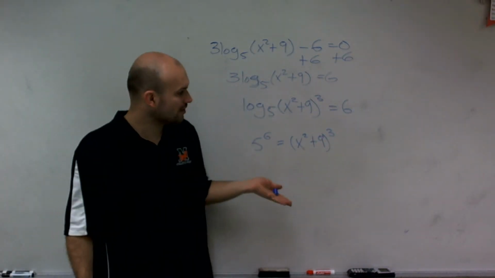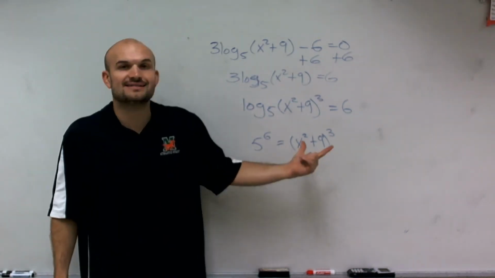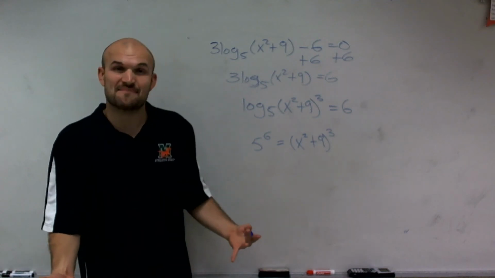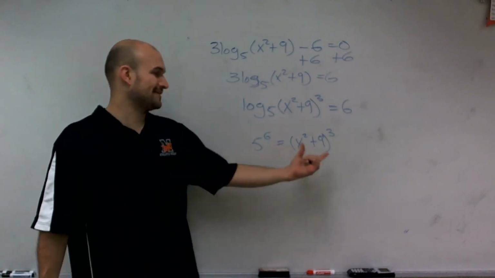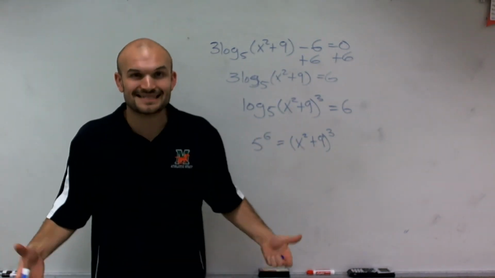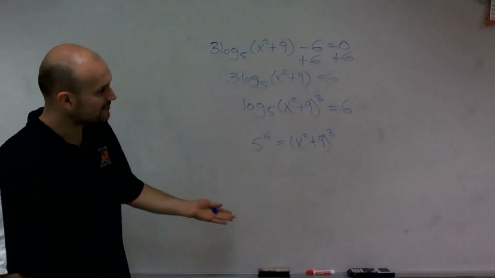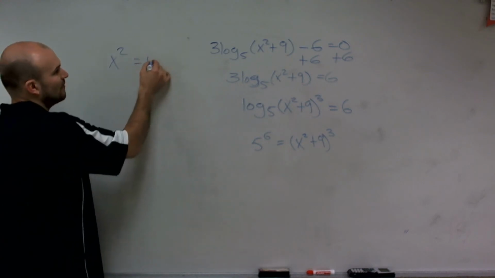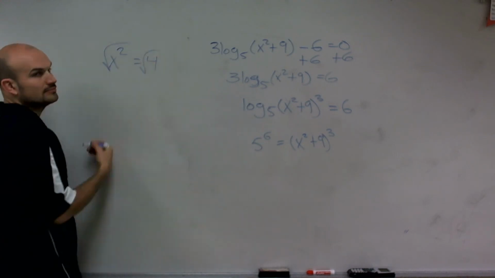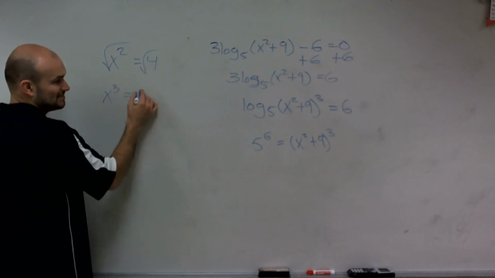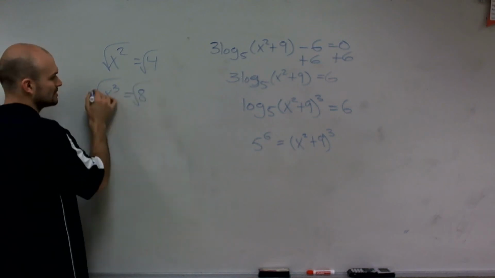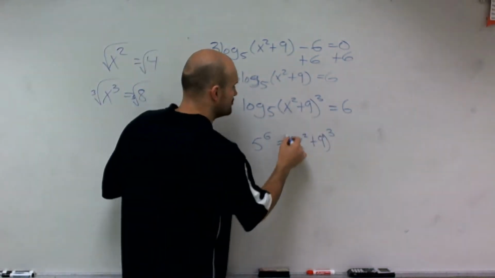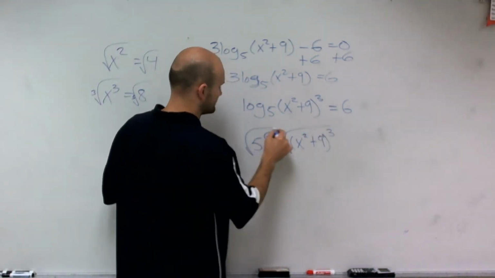That's so important because now I'm at a point where I can see how to solve this. Usually when we had exponents and powers, we tried to get them to the same base. Well, here I have a base of 5, and here I have a base of x squared plus 9. That's going to be a little difficult. However, if I had x squared equals 4, to solve for that you take the square root of both sides. If I have x cubed equals 8, you take the cube root. So here, I have x squared plus 9 cubed. Let's take the cube root of both sides.